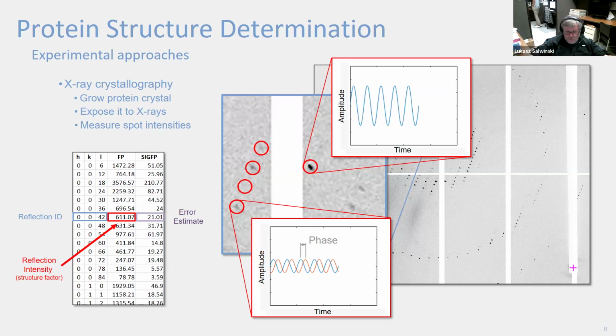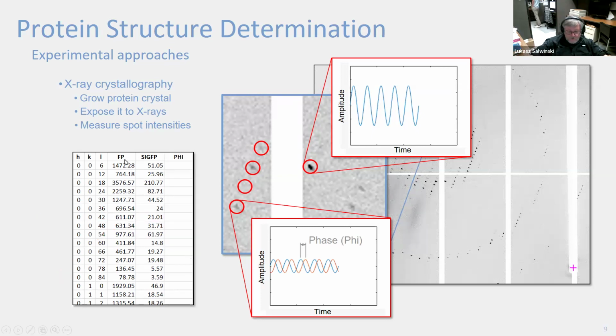Assuming we know both our intensity and the phase, we would be able to get the structure. There's relatively straightforward math that gets you from a collection of intensities and phases to the structure.